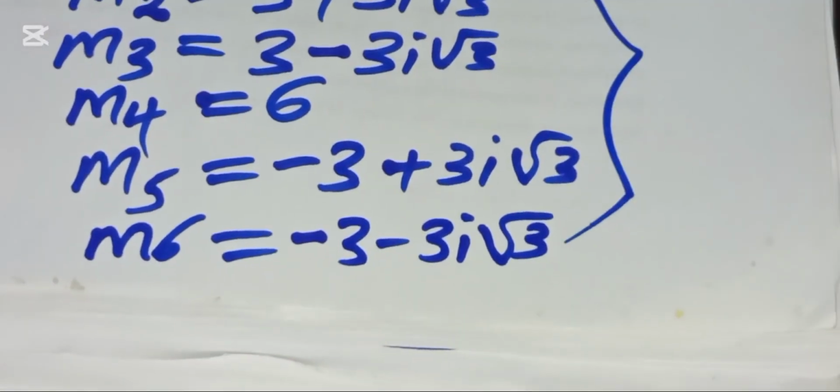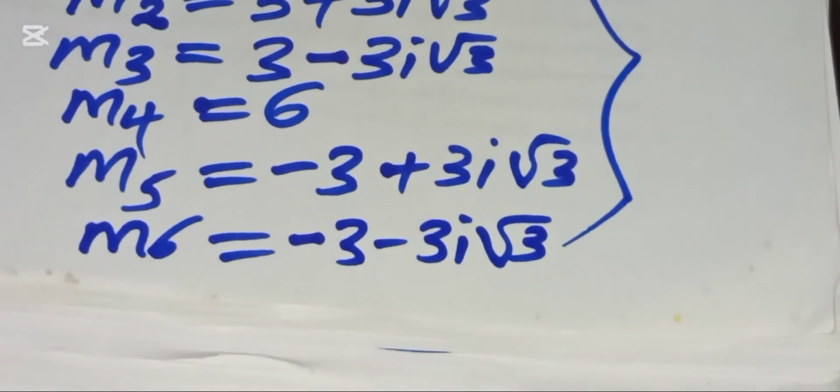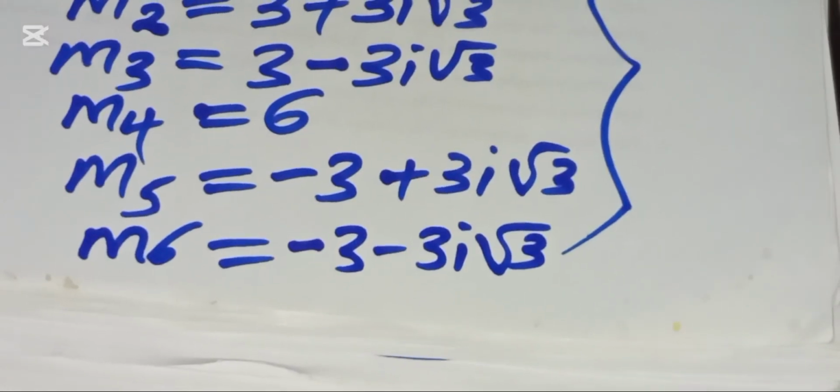Now, these are the 6 solutions, with only 2 real solutions and 4 complex solutions.